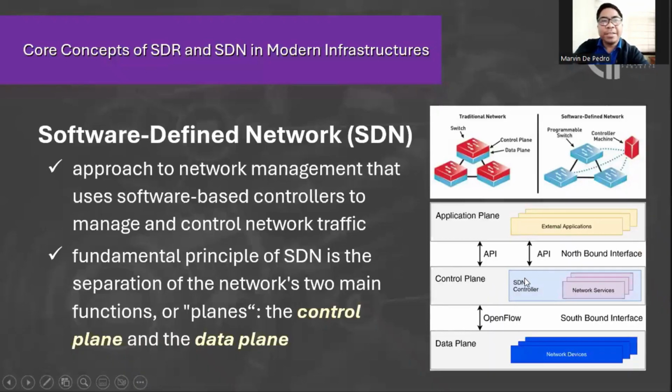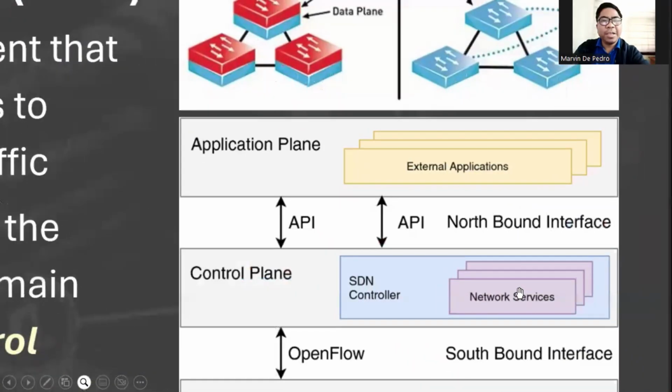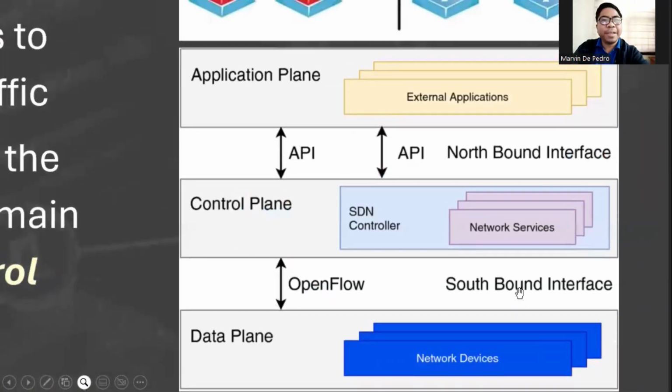The other one is here. So SDN works like this. So we have the control plane and then data plane and then the application plane. So this is the SDN that we are going to focus on in our next slide. So we have the external applications.